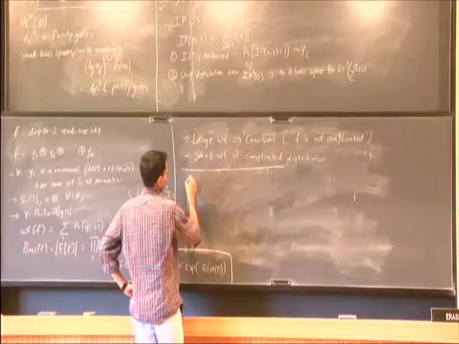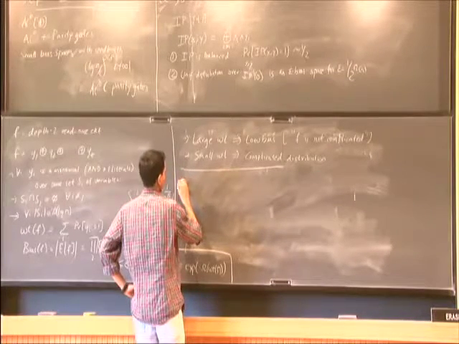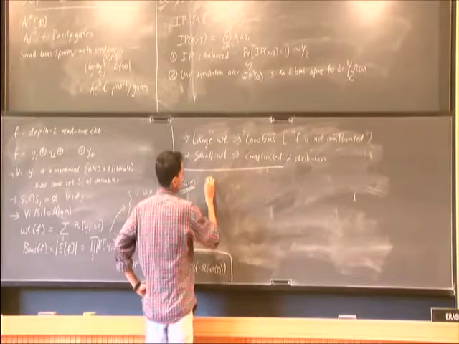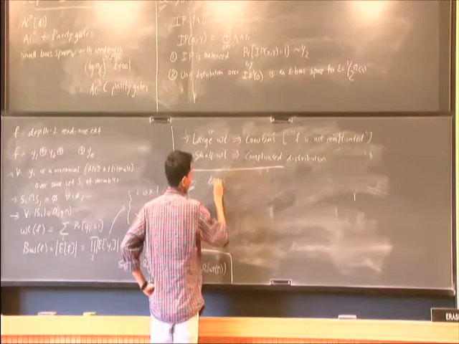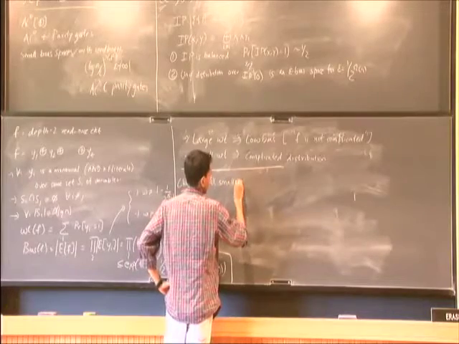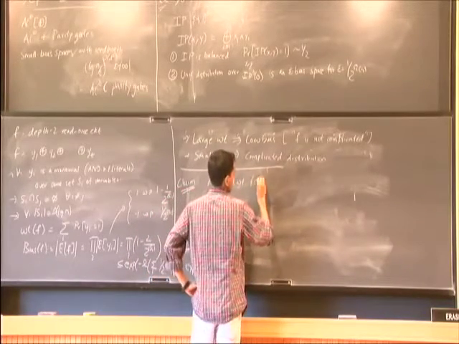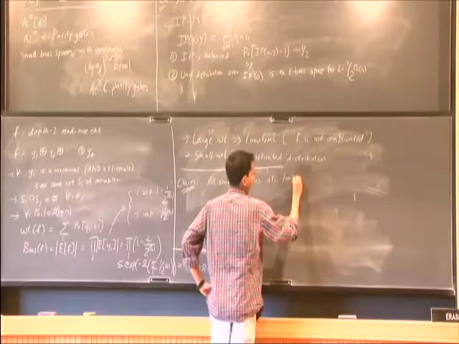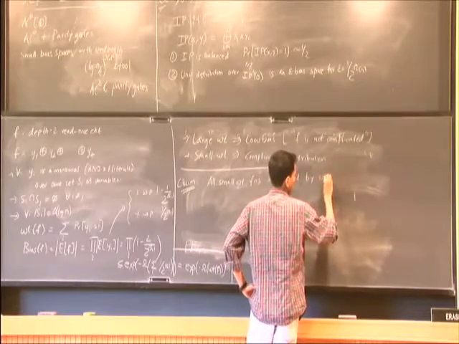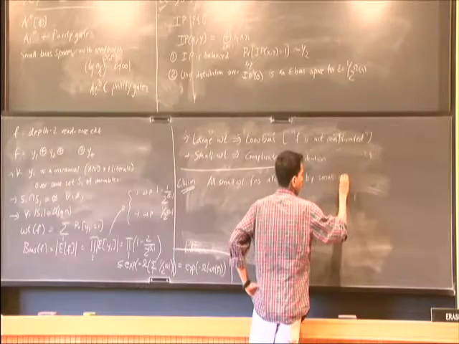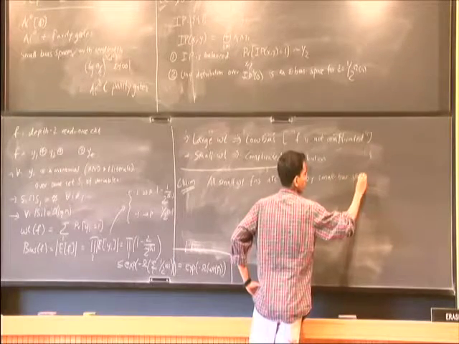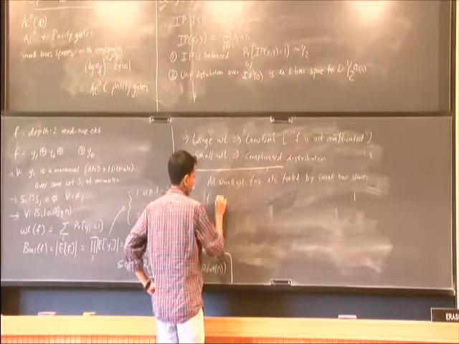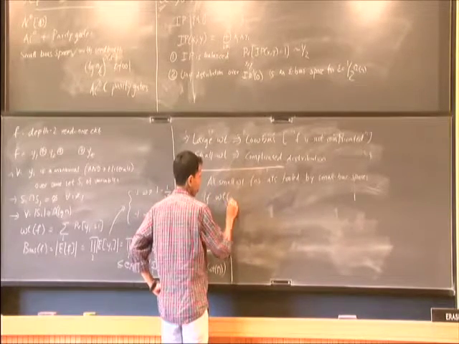So the first thing we want to show is, here's the claim. Informally, all small weight functions are fooled by small bias spaces. More formally, we have to make a dichotomy based on some actual numbers.